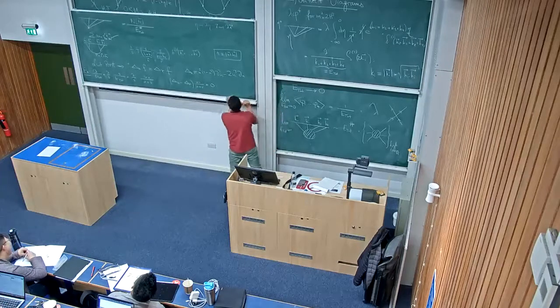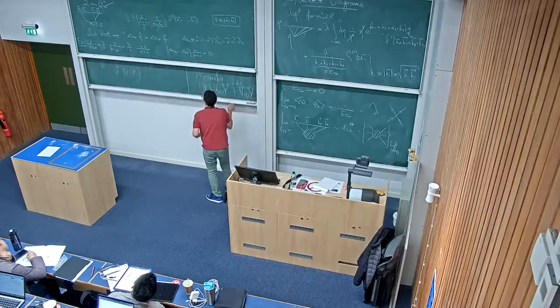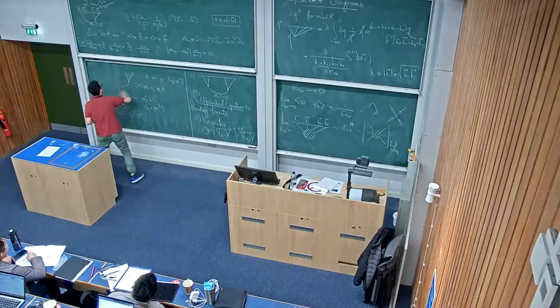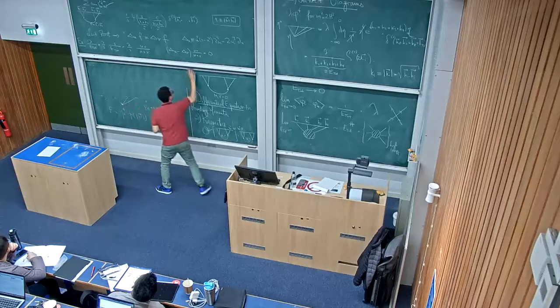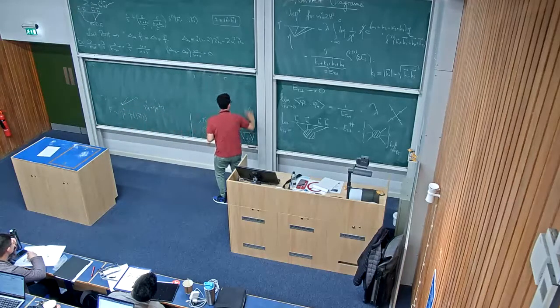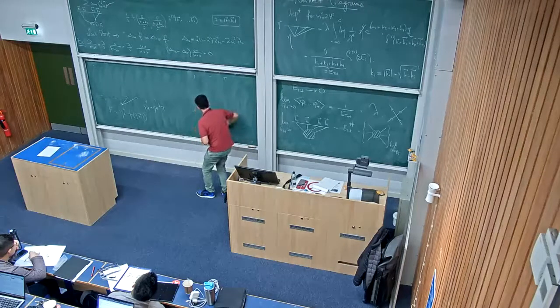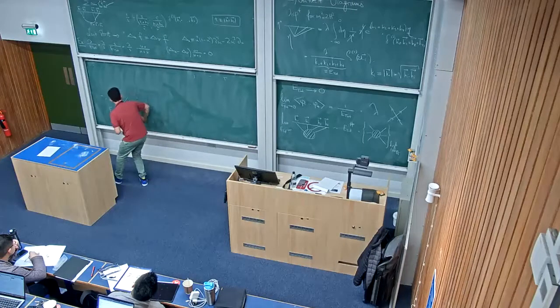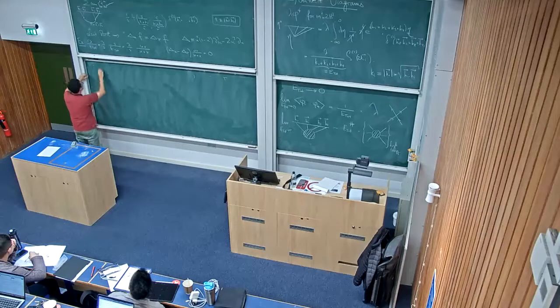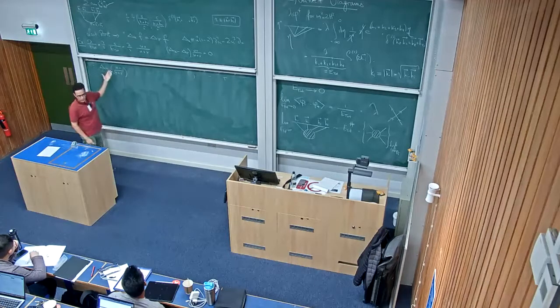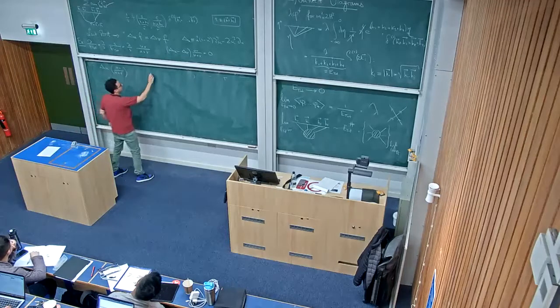In other words, consider delta U acting on UV over U plus V. This is some formula.